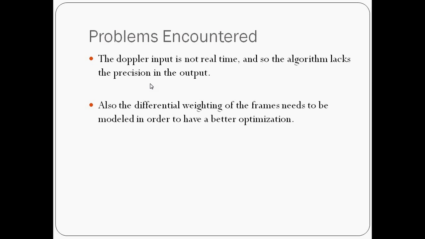Also the differential weighting of the frames needs to be modeled properly, so 0.9 and 0.05 are numbers which are purely based on the fact that the previous frame has to contribute more to the next frame than the frame after the interpolated frame. But we need a much more optimized solution for that.